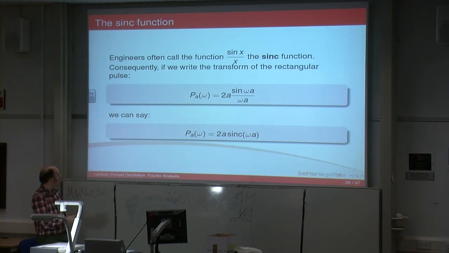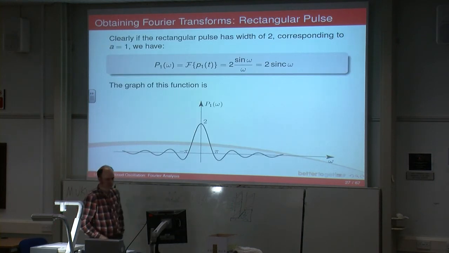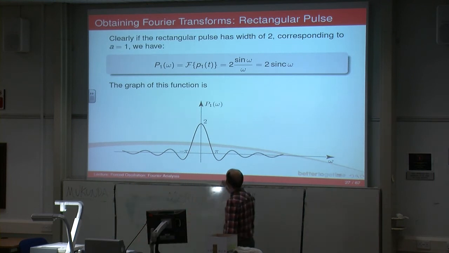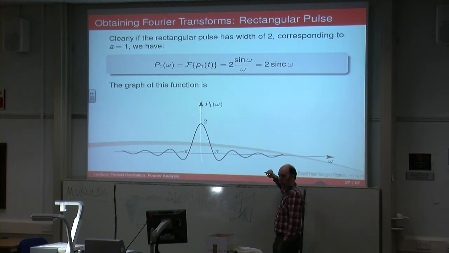If you were to plot this for A equals 1, so that A disappears, you have sine of omega over omega, and you get this sinc function, which is what we saw before.